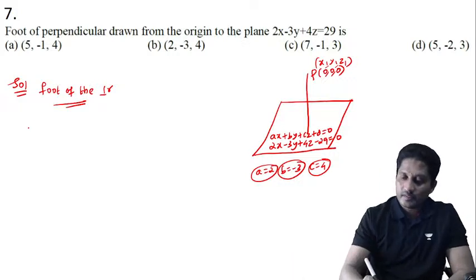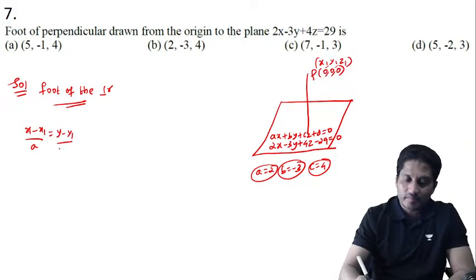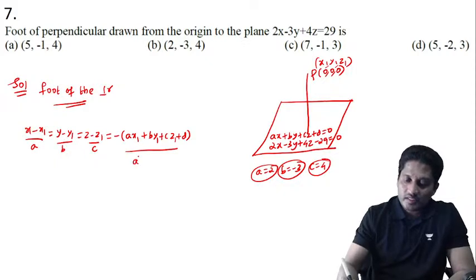Foot of the perpendicular formula will be equal to x minus x1 divided by a is equal to y minus y1 divided by b is equal to z minus z1 divided by c is equal to minus of ax1 plus by1 plus cz1 plus d, divided by a square plus b square plus c square.